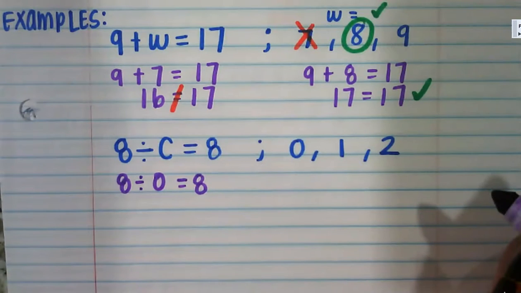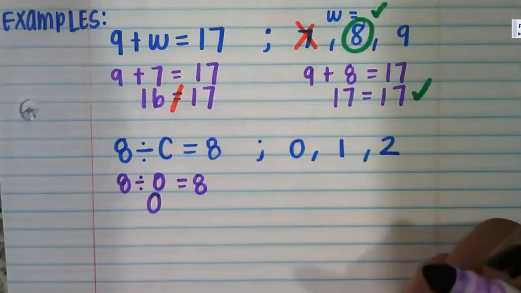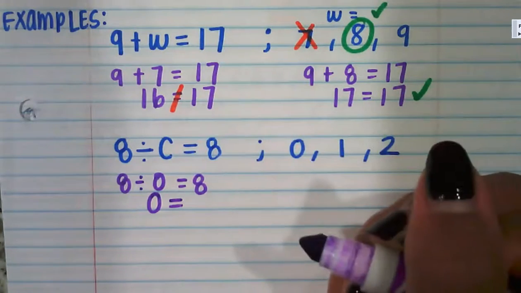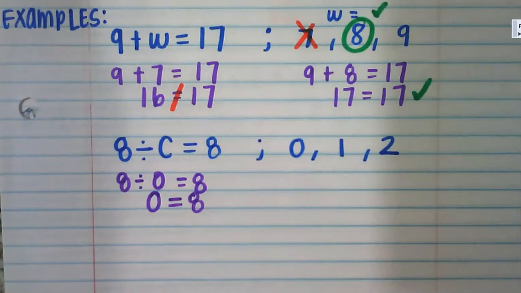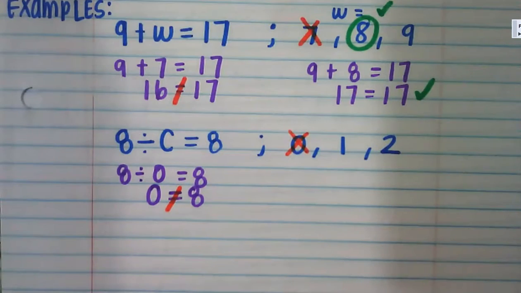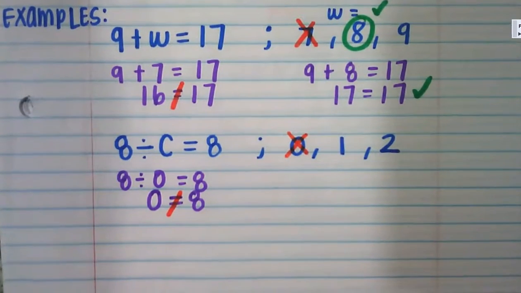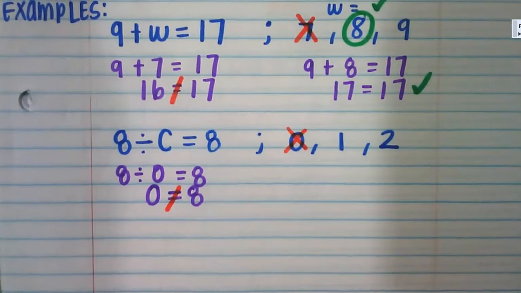Is this true? Well, 8 divided by 0 is actually 0 because anything divided by 0 is 0. And is 8 equal to 0? I think not. Not equal. All right, and you actually can't even divide by 0. It's not possible. How do you divide something into 0 groups?